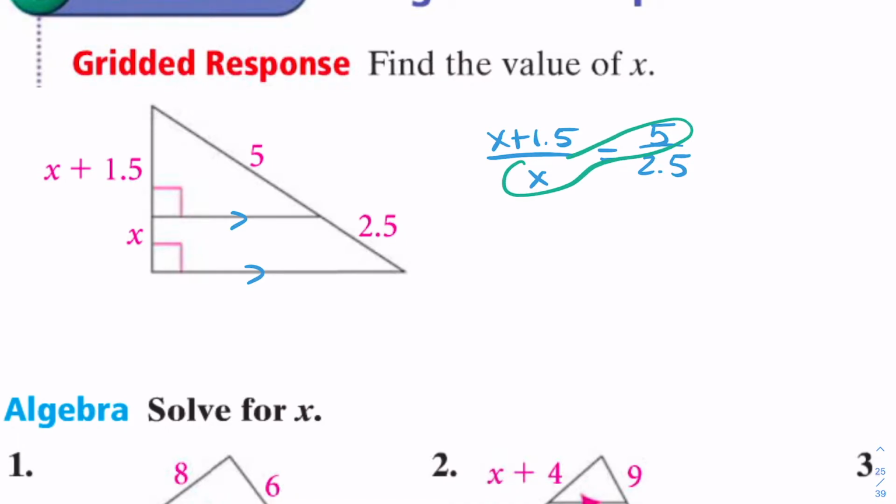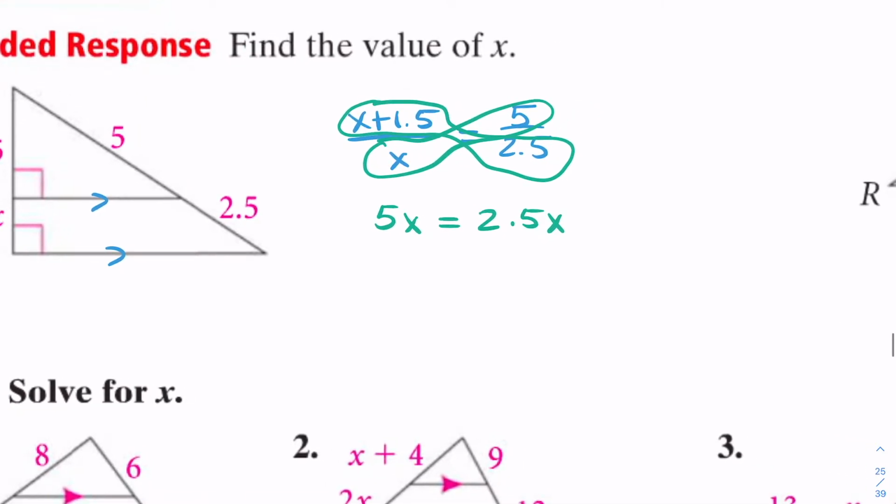I'll get 5x, I'll get 2.5x, and then 1.5 times 2.5, that's 3.75. I'm going to take 2.5x away.